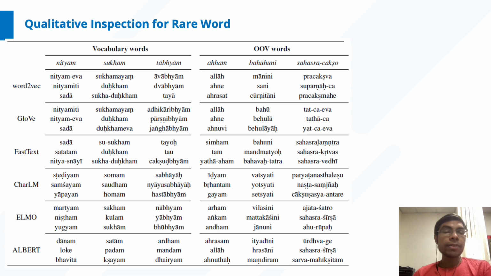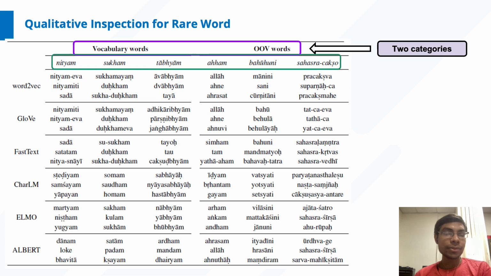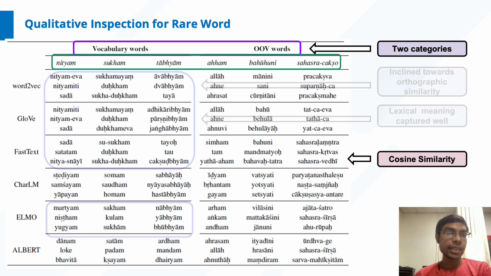In this section, we perform qualitative inspection for rare words. We divide the words into 2 categories: vocabulary words and out of vocabulary words. In each category, we select 3 words, and we calculate the top ranking words from the vocabulary based on cosine similarity for each representation.